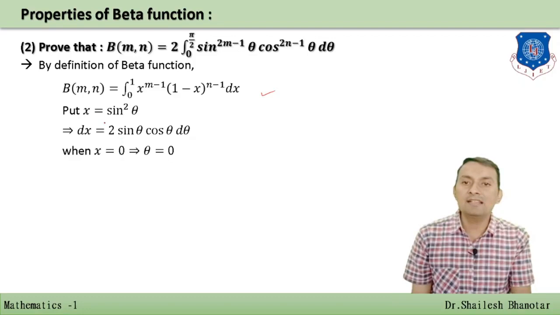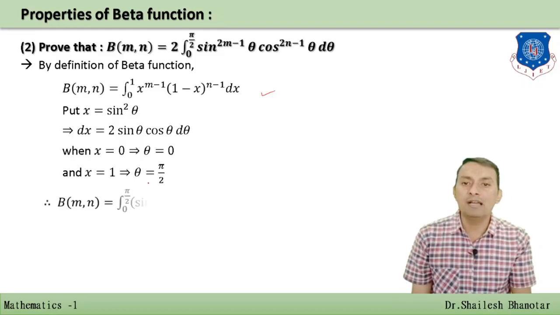When x is equal to 0, for what choice of theta is it 0? So theta is equal to 0. When x is equal to 1, for what choice of theta will sin square theta be 1? So theta is equal to pi by 2.